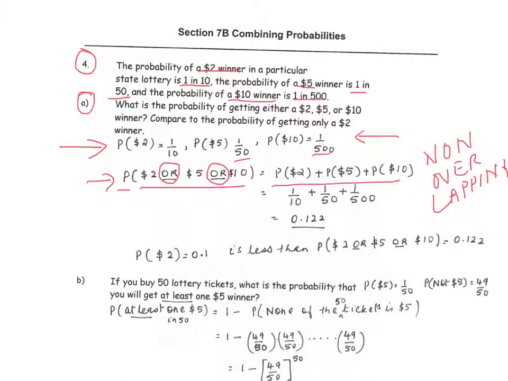Probability of winning a $2 or a $5 or a $10 is probability of $2 plus the probability of $5 plus the probability of $10. So that adds up to 0.122.